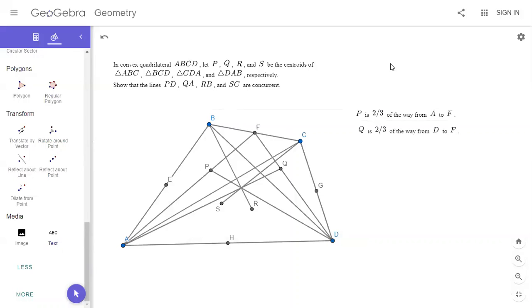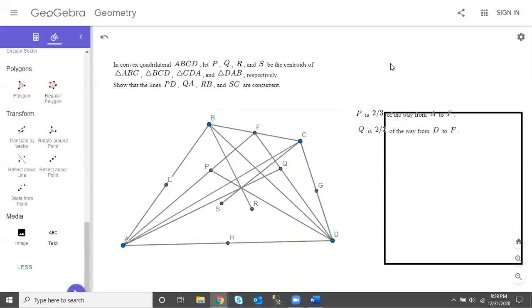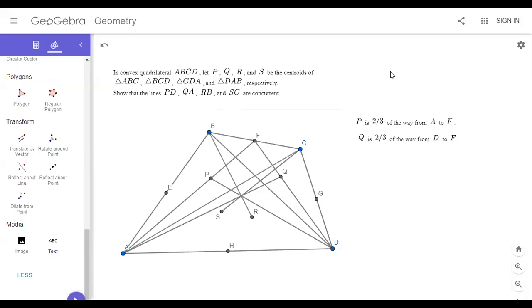QP is parallel to AD, and so we know in which ratio these lines intersect. So we know what ratio PD cuts AQ into.